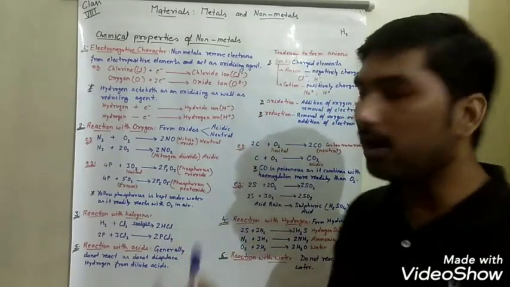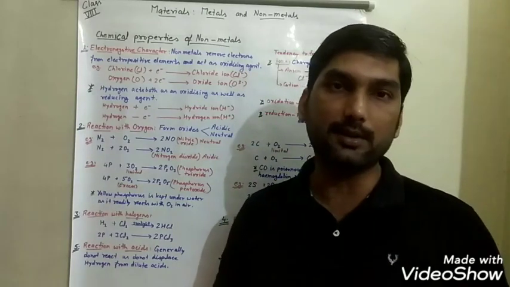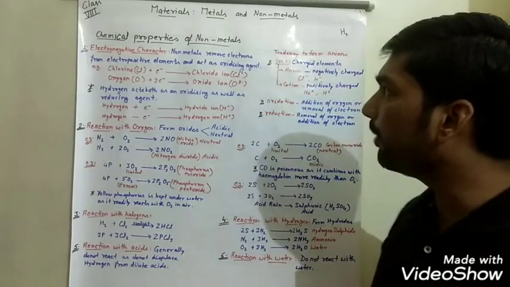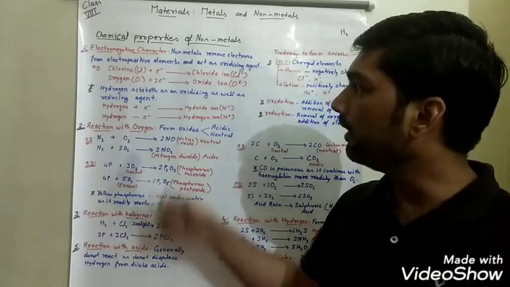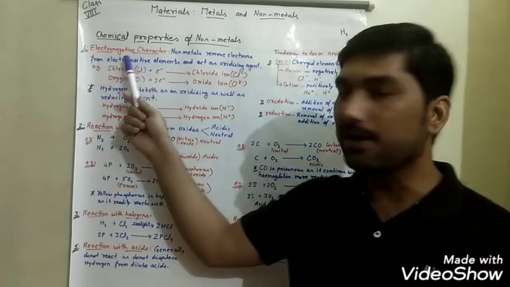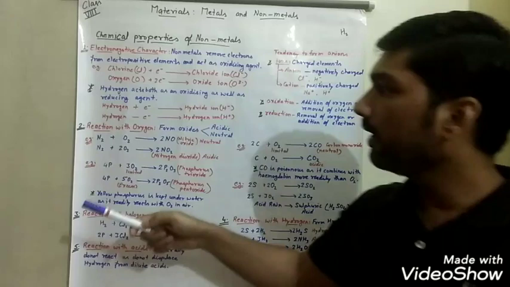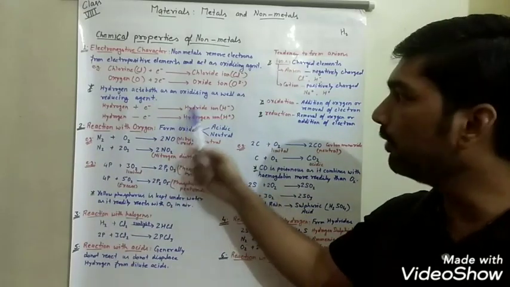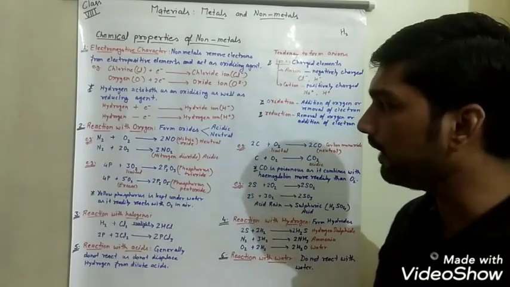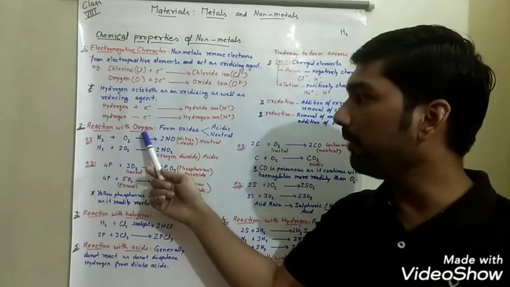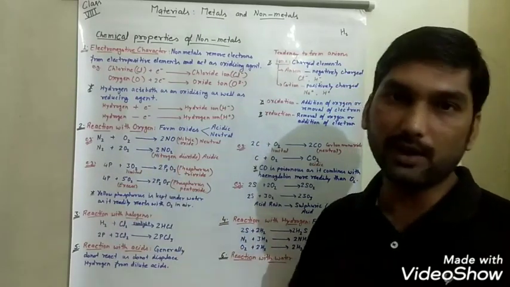So that was all from today's discussion, what the chemical properties of non-metals are, like how they behave, the electronegative character they show, and that hydrogen acts both as an oxidizing as well as reducing agent. What will happen when non-metals react with oxygen?